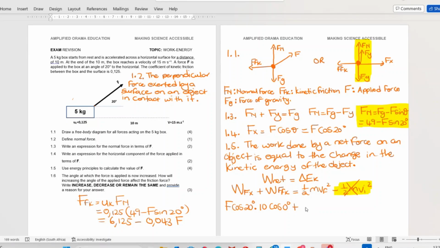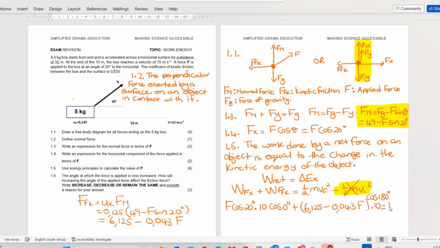So plus 6.125 minus 0.043 F, and you multiply that by the distance of 10, right, cosine 180 degrees, because remember, friction does negative work on the object. So we're going to multiply that by cosine 180 degrees to get -1.